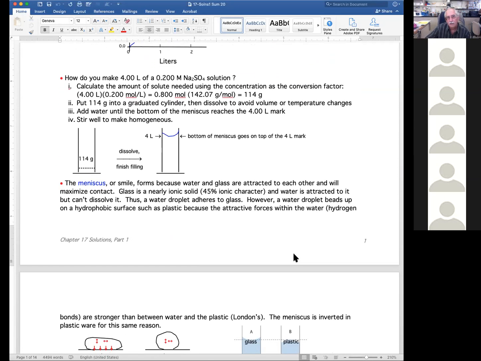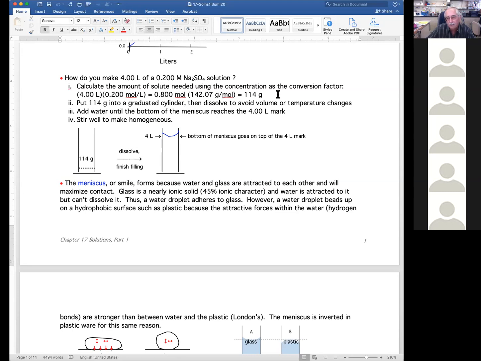So how do you make 4 liters of a 0.2 moles per liter solution? Well, you have to calculate how much solute you need. So I need 4 liters at 0.2 moles per liter, so I have to put 0.8 moles of solute in there. But I can't weigh out moles, I can only weigh out grams, so I need the molar mass to convert moles into grams.